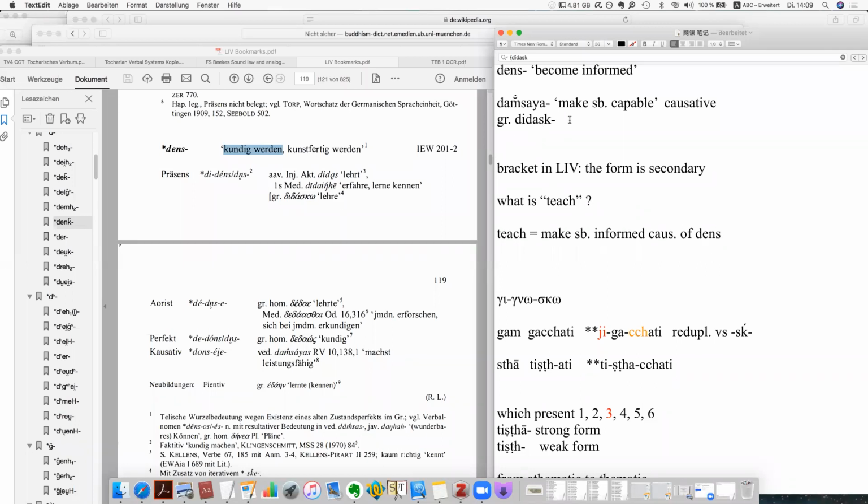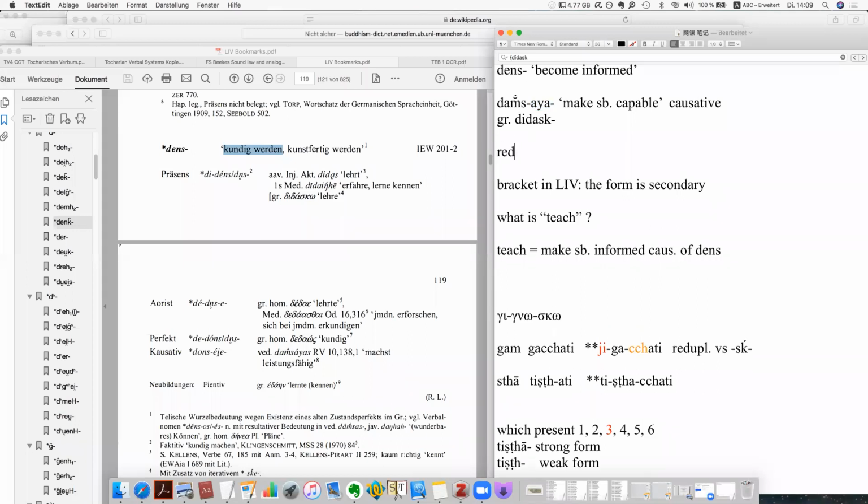So here we have some interesting phenomena. Aya is a typical causative form, right? You have in Sanskrit the dens class, right? So the aya present is causative. But the reduplicated present and aorist also mean causative.